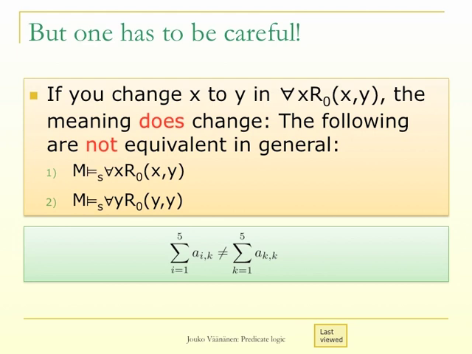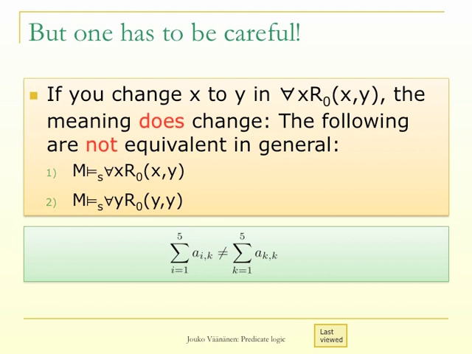The following are not equivalent in general: s satisfies ∀x R0(x,y) in M, and s satisfies ∀y R0(y,y) in M. The meaning of the former is that the set of a in M such that the pair (a,s(y)) is in R0^M is the entire set M, while the meaning of the latter is that the set of a in M such that the pair (a,a) is in R0^M is M.